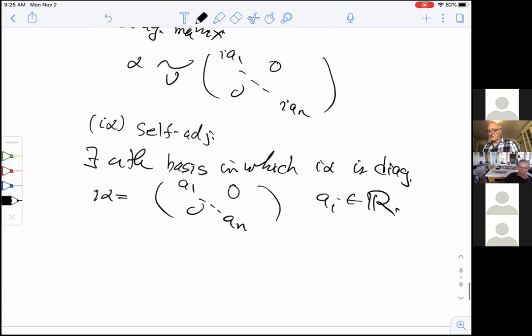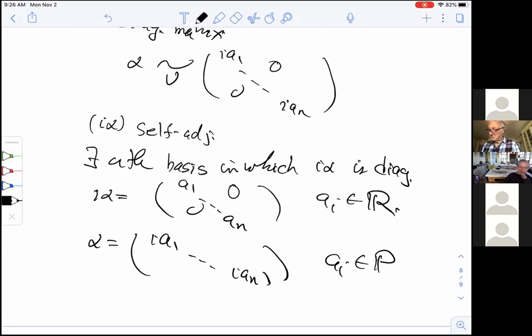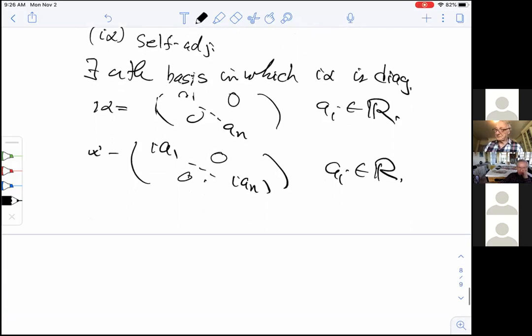Eigenvalues are real and the matrix can be diagonalized. And therefore alpha is, I guess I've switched the signs here, but they're still real. Okay. So that's how you prove the diagonalization result.